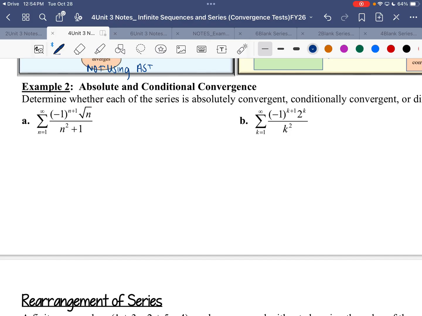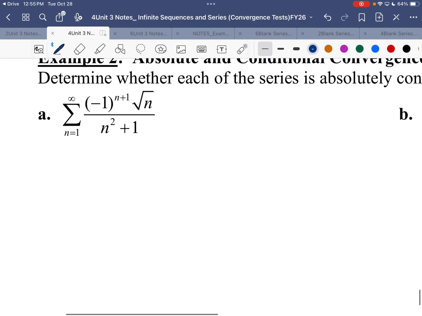It's bigger than 1. This n squared is like n to the 1/2. When you do the absolute value, you just get the same thing. Yeah, you have to do a comparison test. That's what I was afraid of.